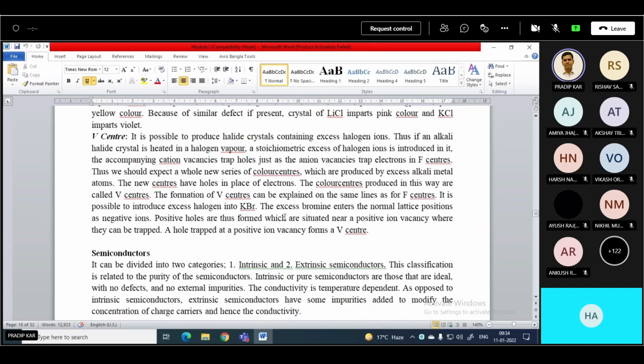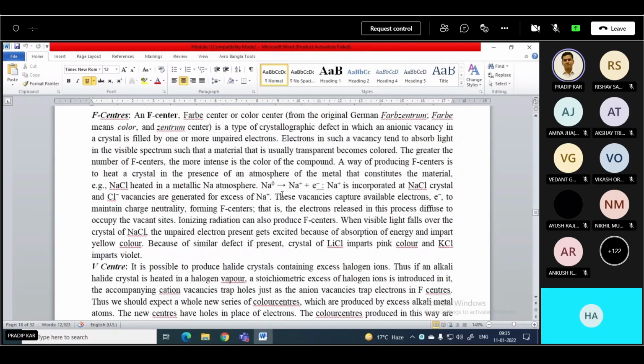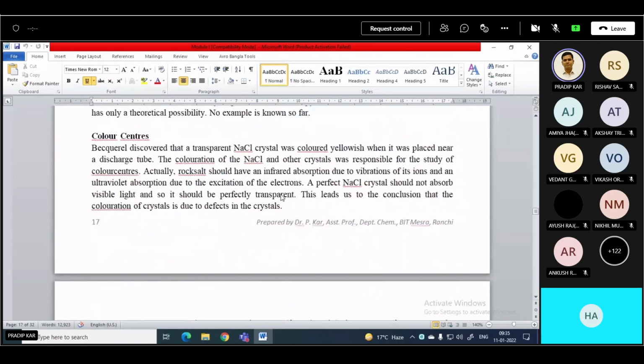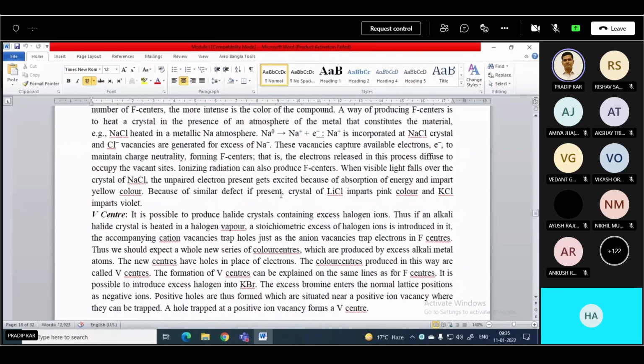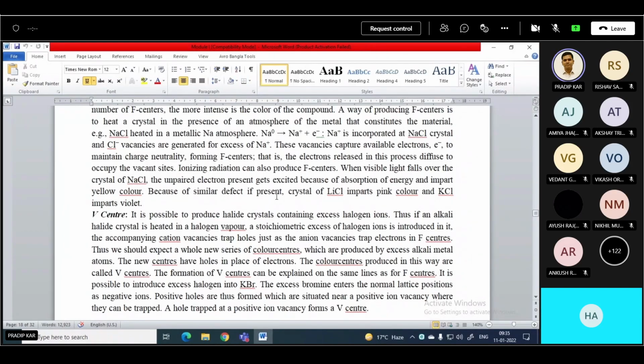Okay, so this is the V-center. I think V-center does not have a full name like the F-center. It is only known as V-center. So this is about color centers, and we get extra color due to defects, and some material is used as optical material by introducing those defects.